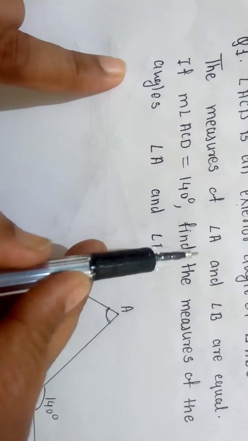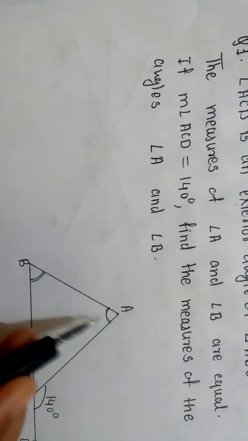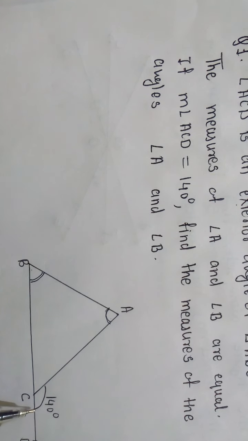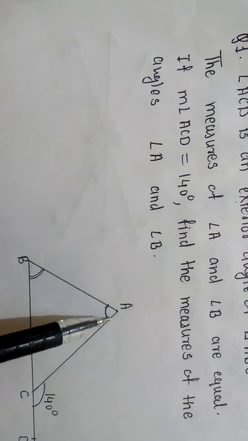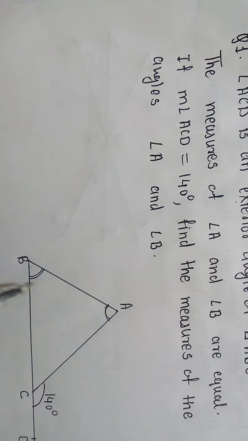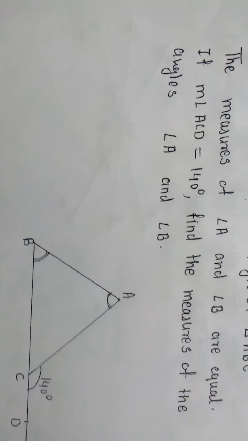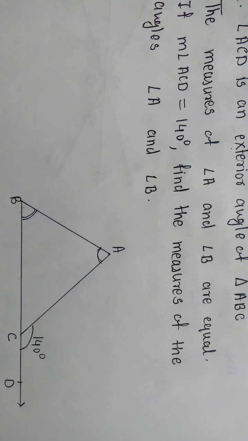The measures of angle A and B are equal, means these both angles are equal in measurement. If measure of angle ACD is 140 degrees, find the measures of angle A and B. Then we have to find out the measurements of angle A and B as they both are equal in measure. Here we will use the property of an exterior angle of a triangle.